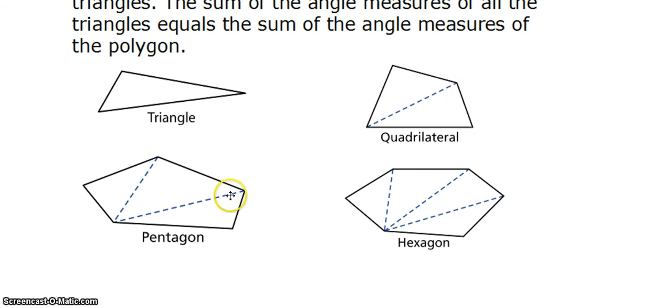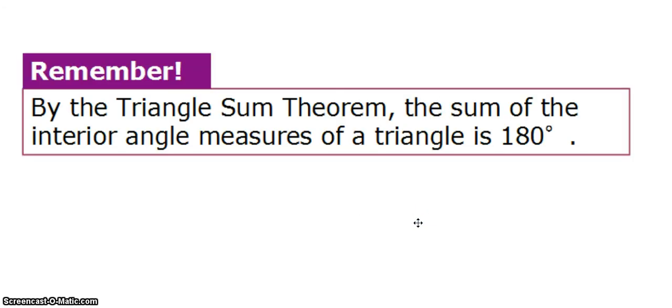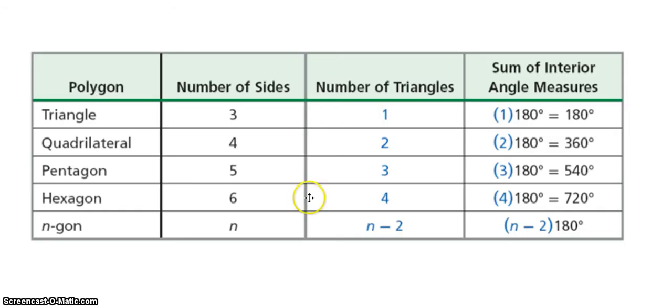A pentagon, if we start at this vertex, we can form 3 non-overlapping triangles, right? 2 diagonals, and therefore 3 times 180, 540, and so on. By the triangle sum theorem, the sum of the interior angle measures of a triangle is 180.